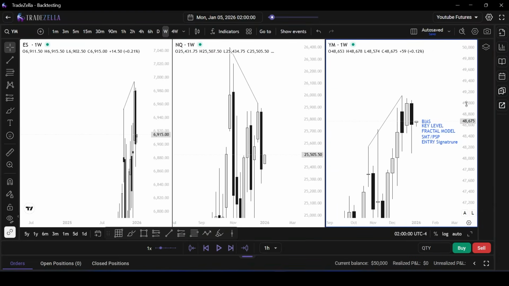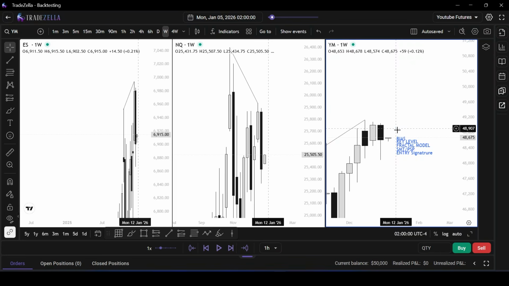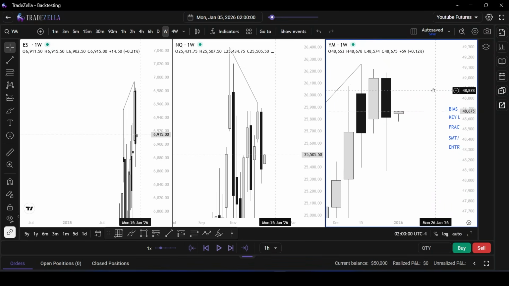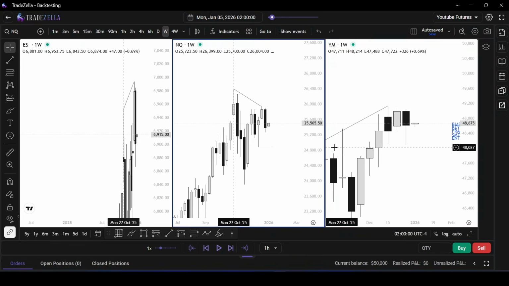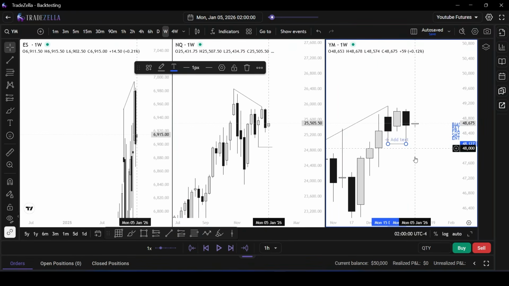And now we're in the next week. Take this to the side. Now the weekly candle has closed, and as you can see, we mitigated this low. We traded into this low and formed an SMT in it, right?